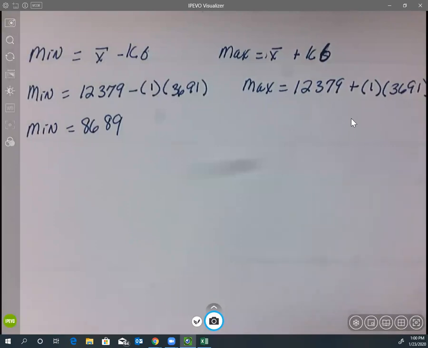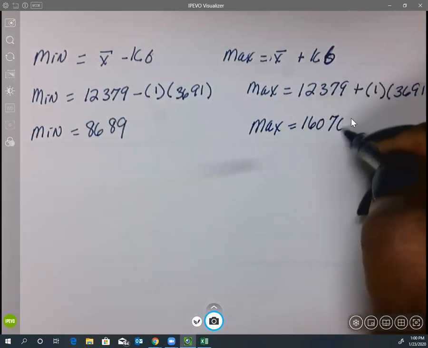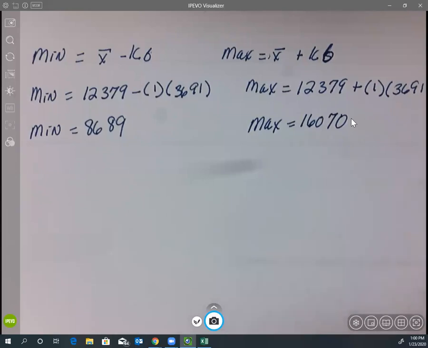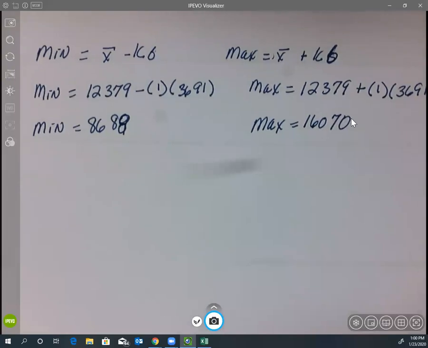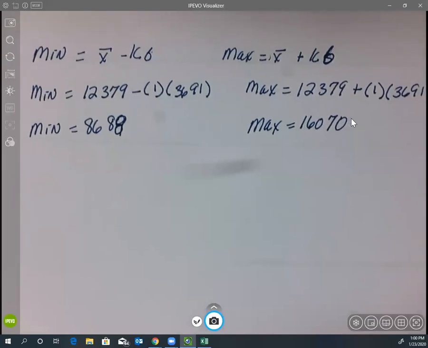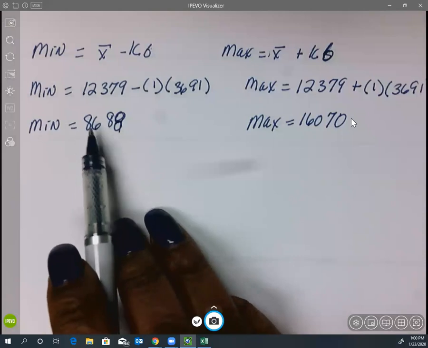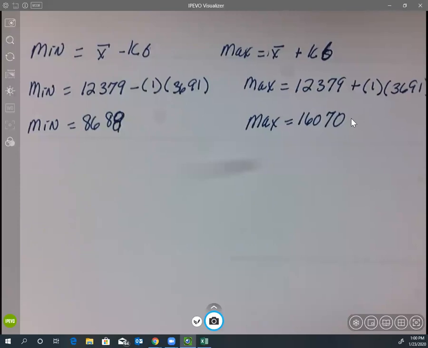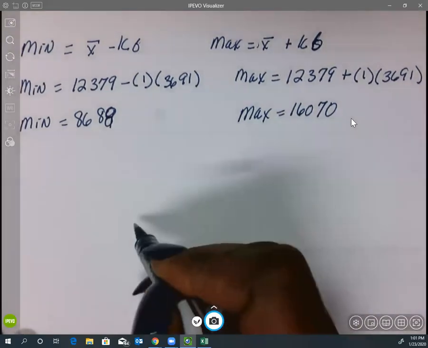We're off one there. So at this point, we need to go to our data set and count the number of entries that fall between 8,688 and 16,070. All right, so that's one way of computing this information.